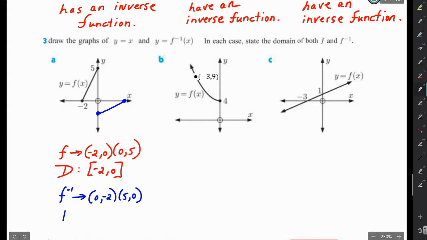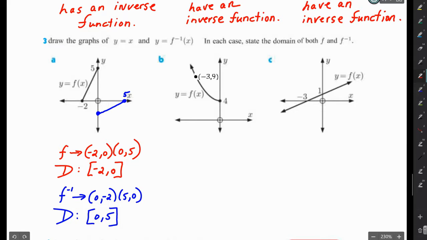Now, the domain of the inverse function, again, we're looking at the values of x that are going to be included. We start at 0 and we go over to 5, right? Maybe it would be helpful just to label that. We start at 0 and we go to 5, including 0 and 5.